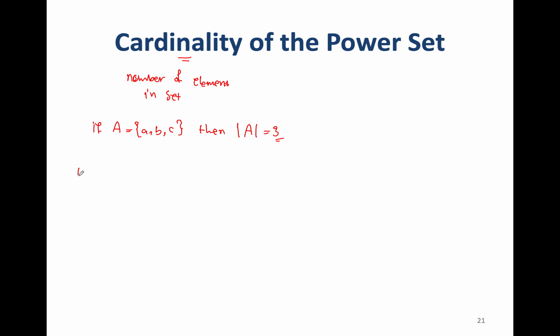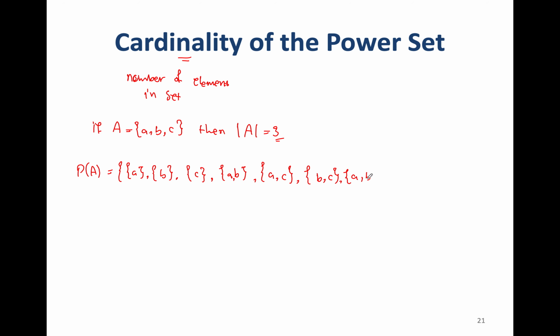Now, if we want to find the power set of A that contains a, b, c, this will be equal to {a}, {b}, {c}, then we have {a, b}, {a, c}, and {b, c}.